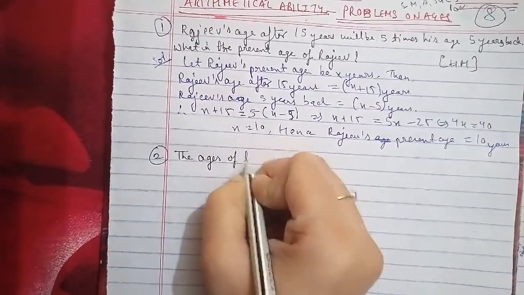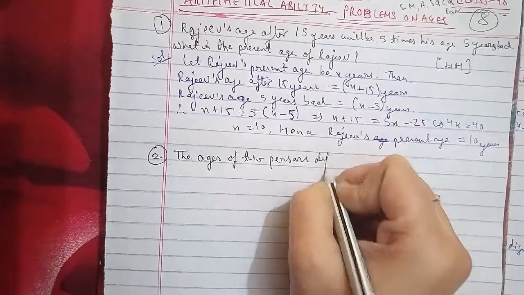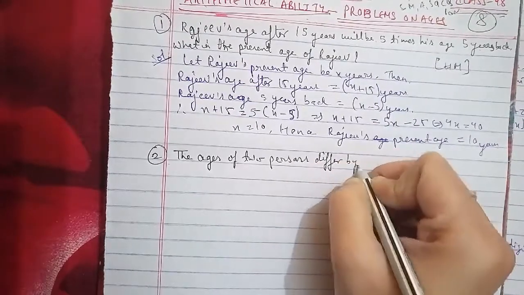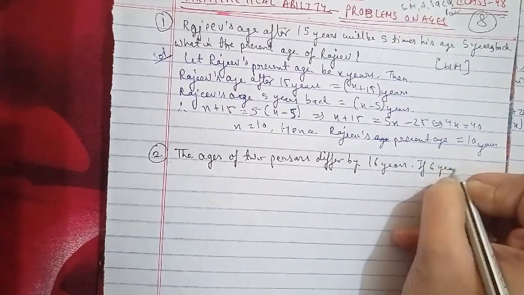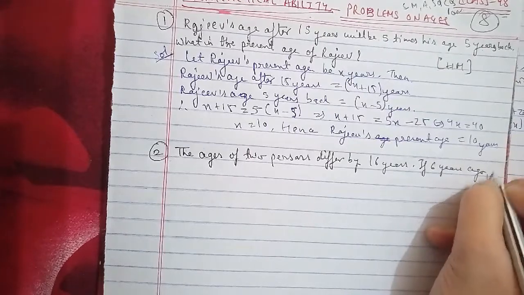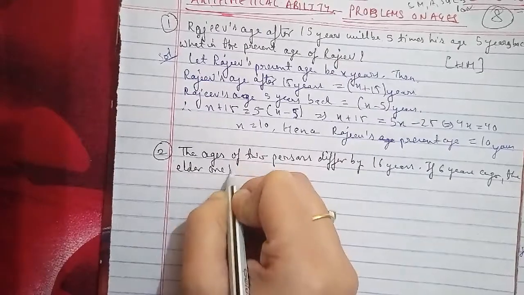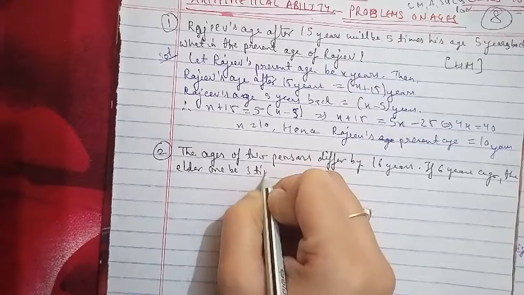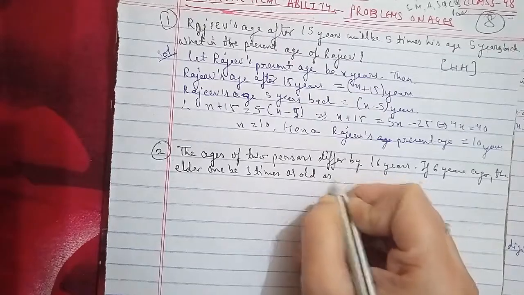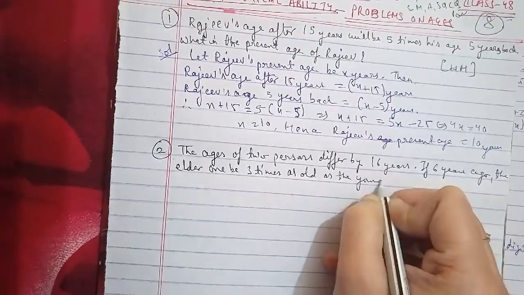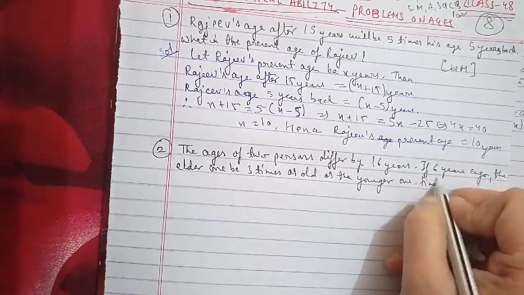If 6 years ago the elder one was 3 times as old as the younger one, find their present age. This has been asked in your AAO exam. So we'll solve it and find the solution.